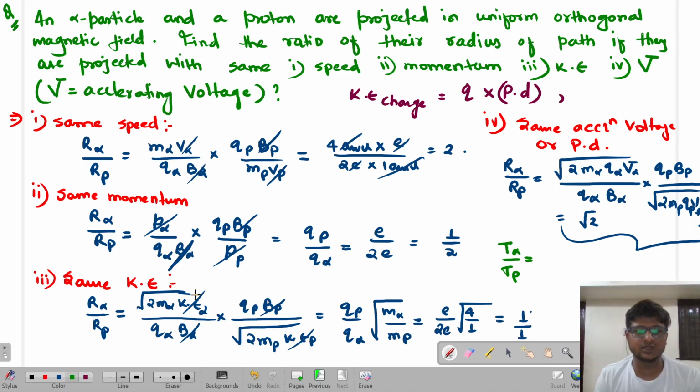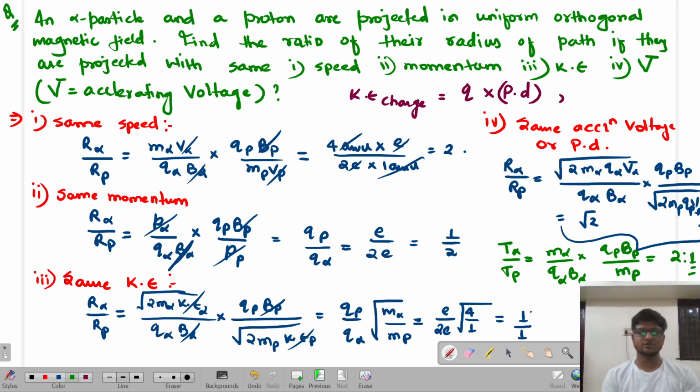It is independent of velocity, so it is independent of momentum, change in kinetic energy or something like that. So it is basically 2 pi m by qB. So mass of alpha, charge of alpha, magnetic field of alpha into charge of proton, magnetic field of proton by mass of proton. So this is exactly equal to 2 is to 1. Are you able to get me? That's your answer. Clear?